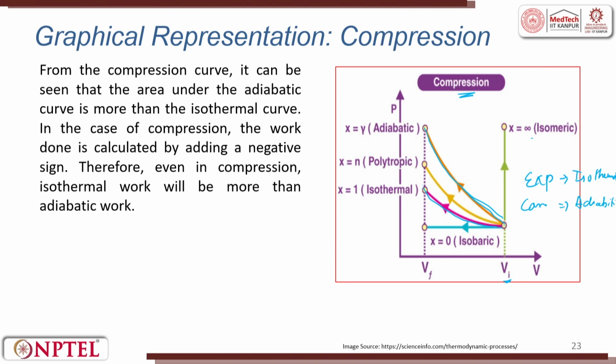It can be seen that the area under the adiabatic curve is more than the isothermal curve. In the case of compression, the work done is calculated by adding a negative sign, because it is compression. So compression is a negative sign. Please keep that in mind.